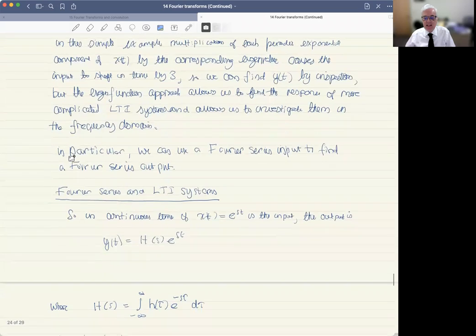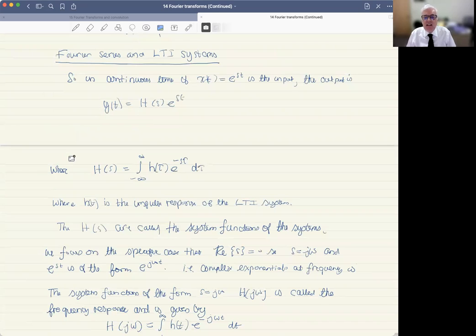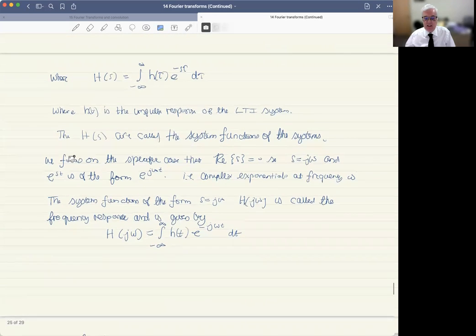So basically, the take-home message is that if we have a continuous time system and we use a complex exponential input, the output is given by the expression where the term capital H of s is the system function, and that's what we're going to use from here on in.